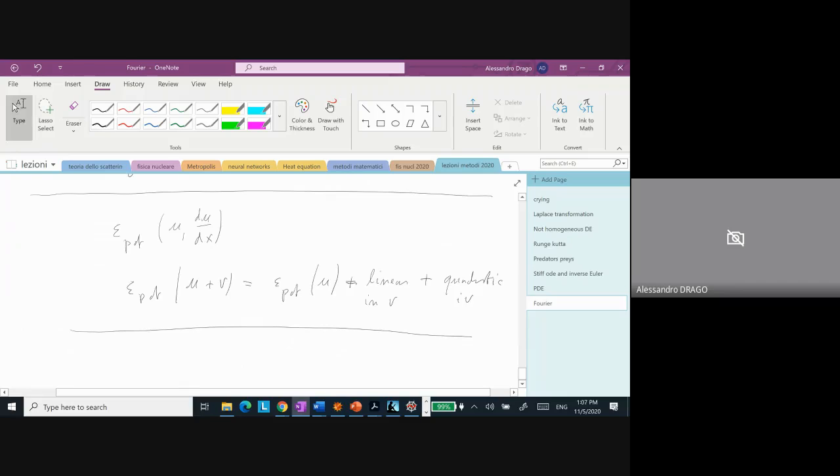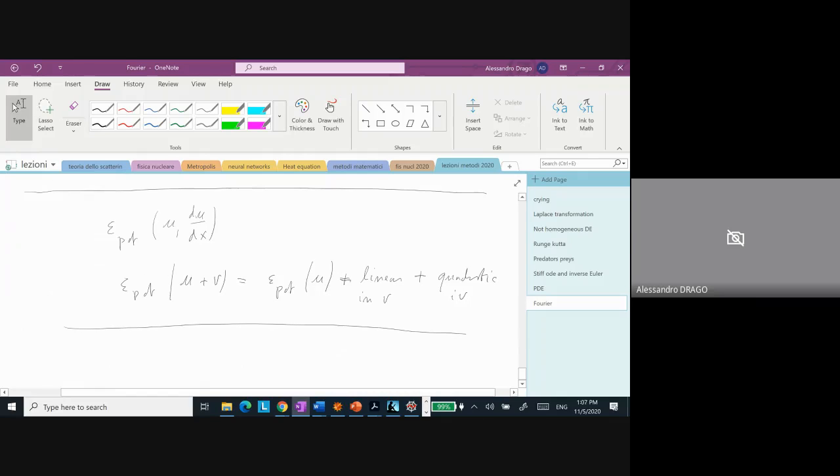Now, the point is, this energy is a functional, meaning that it takes a function, u, and it provides a number. Okay. So in principle, I can evaluate a derivative of the energy with respect to u. That is what is called a variational derivative.